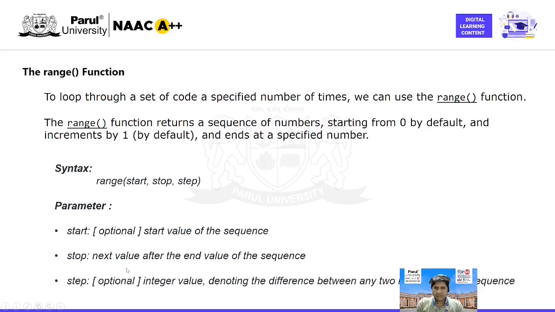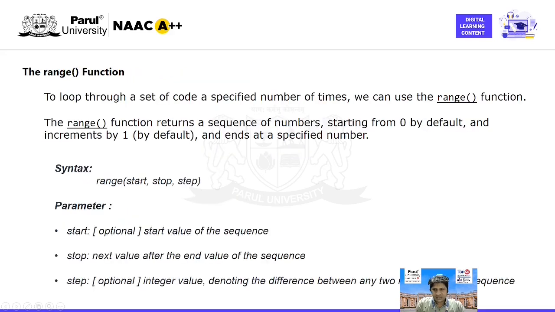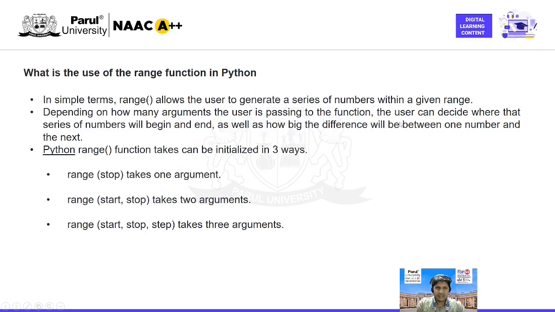The user may or may not provide the start value. Optional means the user can provide it or not. If the user does not provide it, then it is automatically taken as 0. If the step is not provided, then by default it is 1.